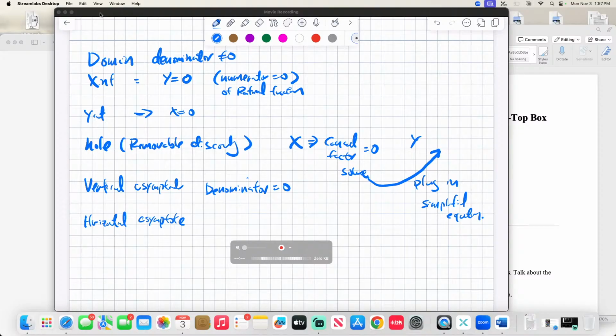Now, horizontal asymptote is comparing the degrees, right? Compare the highest degree of the numerator versus the denominator.